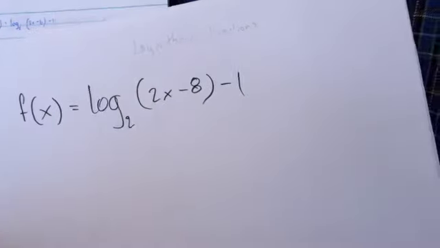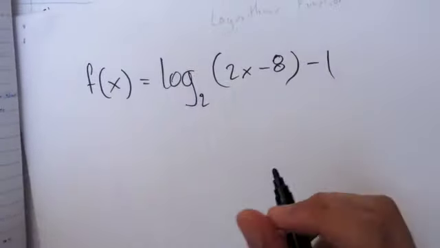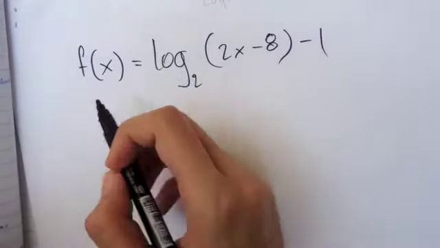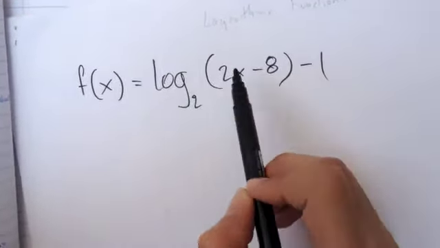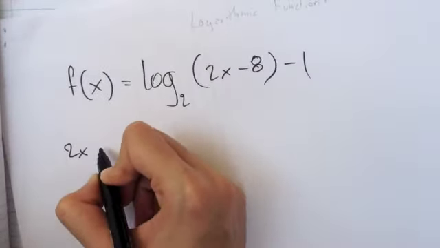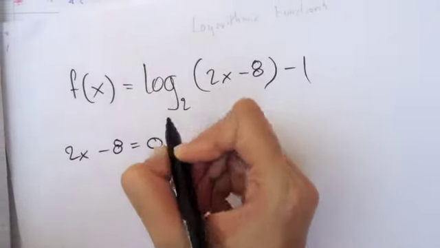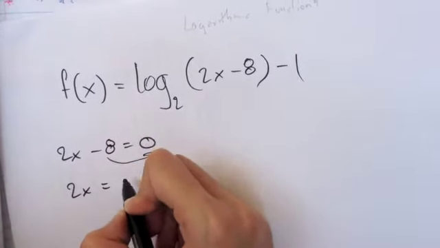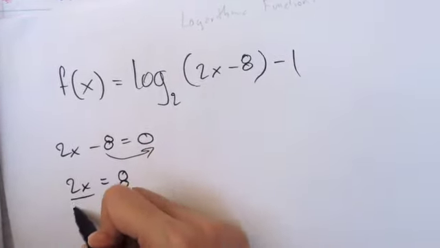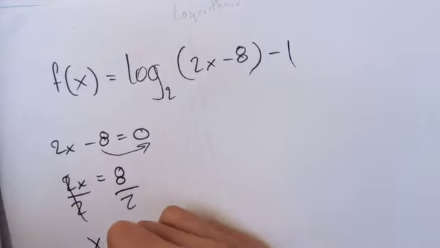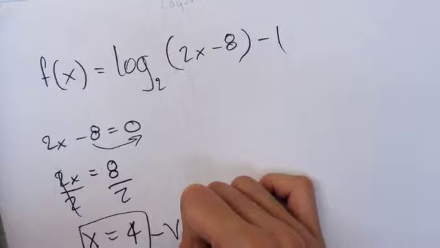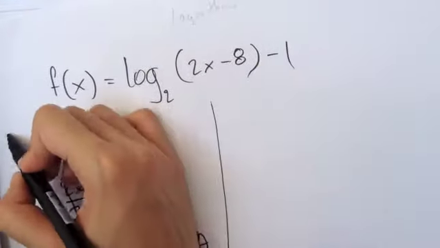The first thing you need to find is the VA. So 2x minus 8 is equal to 0. So you move 8 there. It will be 2x is equal to 8. And then you divide by 2 to get x. X is equal to 4. So this is the VA. This is step 1.